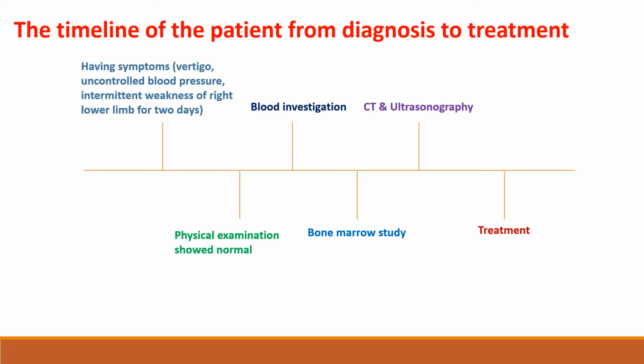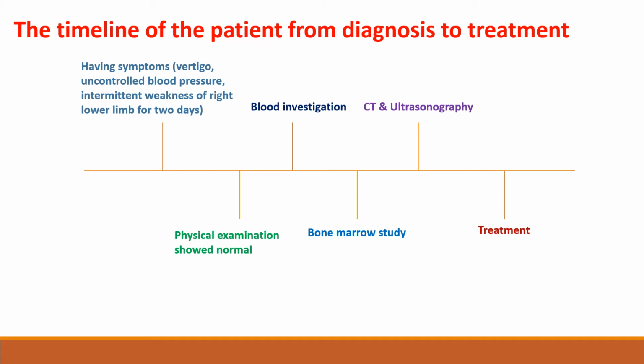Okay, and this is the timeline of my patient from diagnosis to treatment. She found she had some symptoms like vertigo, uncontrolled blood pressure, and intermittent weakness of the right lower limb for 2 days, and then she went to the doctor for consultation. The doctor suggested that she needed a physical examination, and the results showed that everything was normal other than these symptoms.